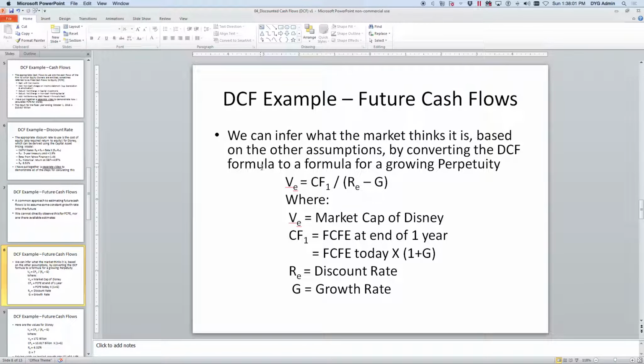one of the things that we can do, though, and this is one of the reasons why we have theoretical models, is we may not be able to observe every value, but if we can observe enough values, we can solve for the other ones. And so in our case, remember we talked about using just a single cash flow and then assuming some growth rate.